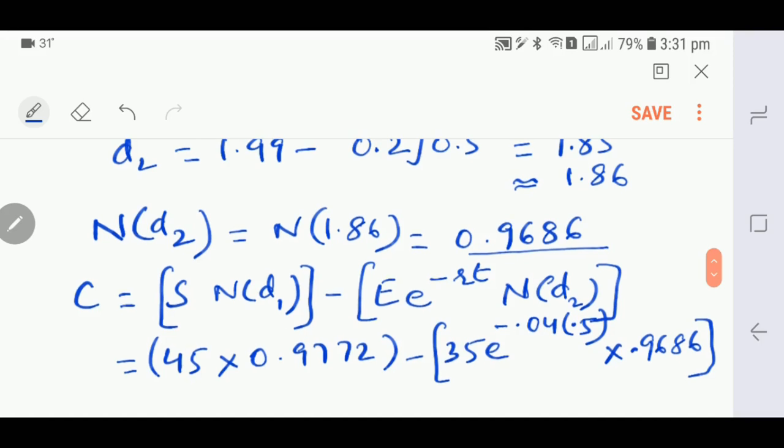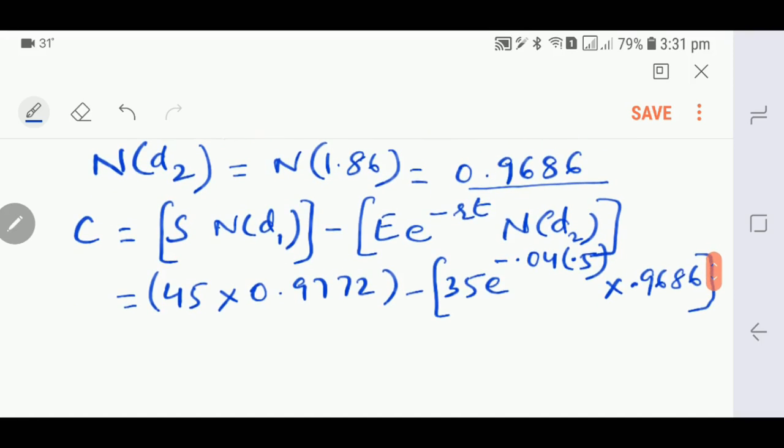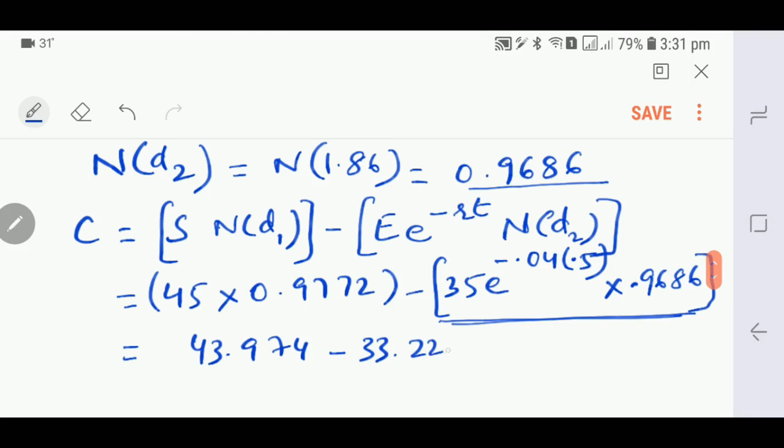I'm not going into how to find out the value for a quantity that is raised to the power of e, because we covered that in a previous video, and you can look up the steps there on how to do that on the calculator. I'm assuming that you know this by now. When you do this now, 45 times 0.9772 is going to give you 43.974, and this whole expression is going to give you 33.2297 approximately.